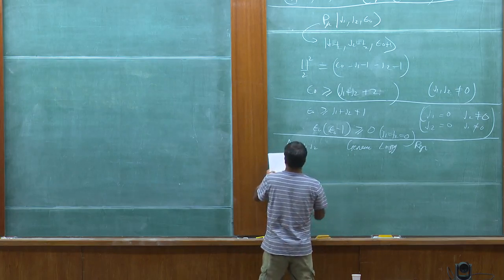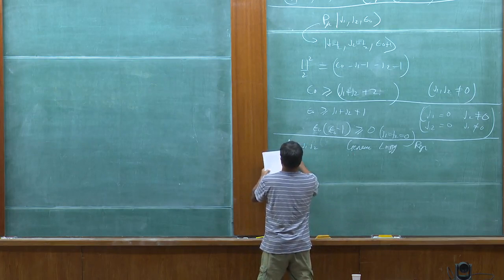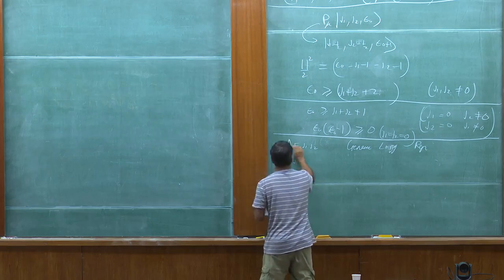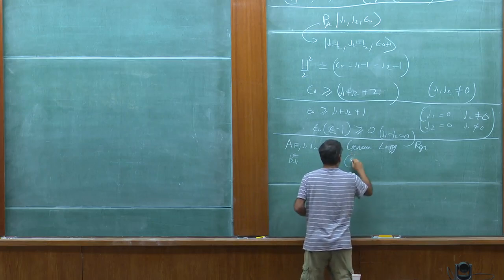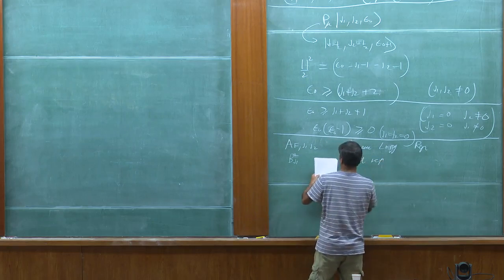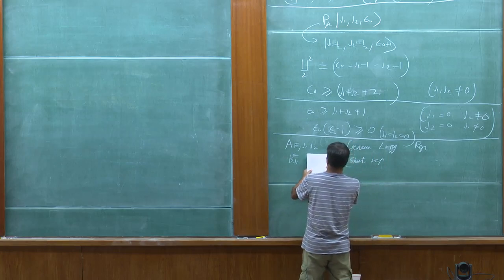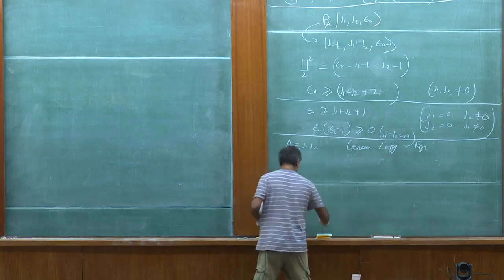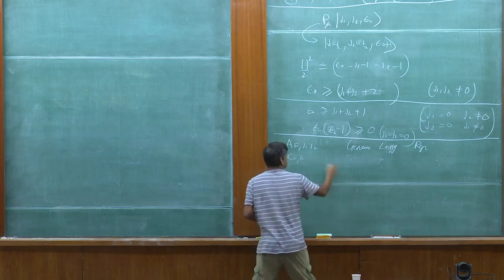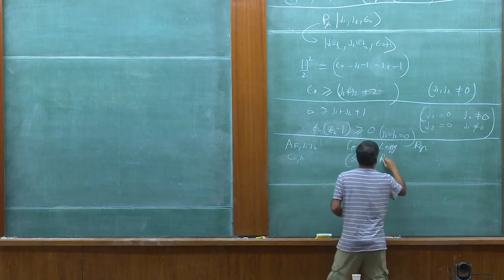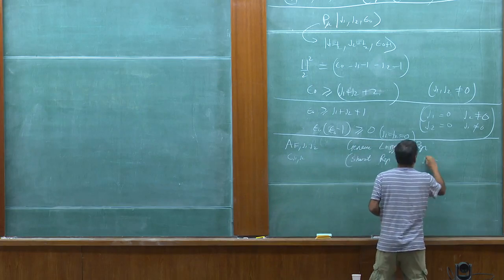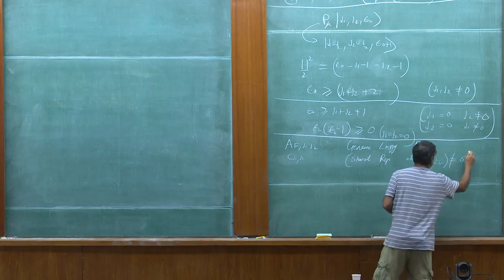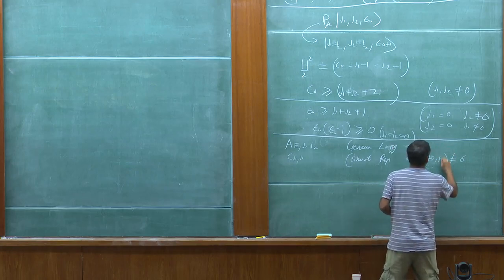Now let's use C J1 J2 to denote the short representation with J1 not equal to 0 and J2 not equal to 0.